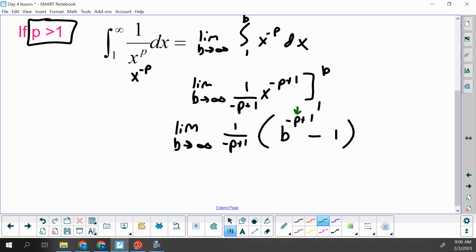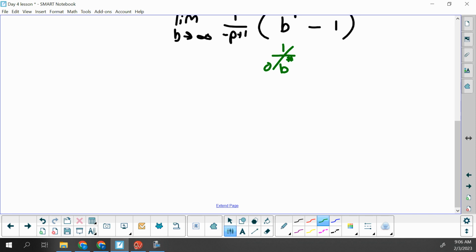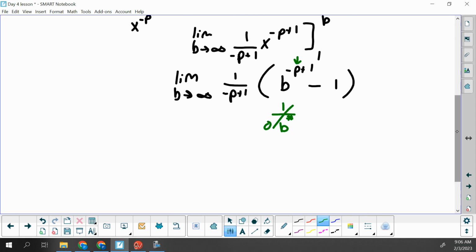So think of like negative 2 plus 1, negative 3 plus 1, negative 4 plus 1. All of those will end up giving us a negative exponent, which will bring b down to the denominator. So this is going to end up as 1 over b to some positive number now. And as b goes to infinity, this term's going to wipe out to give us 0. So because of that, that's going to make this converge.